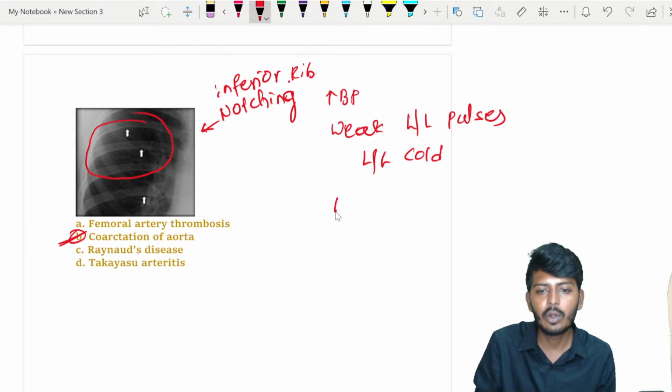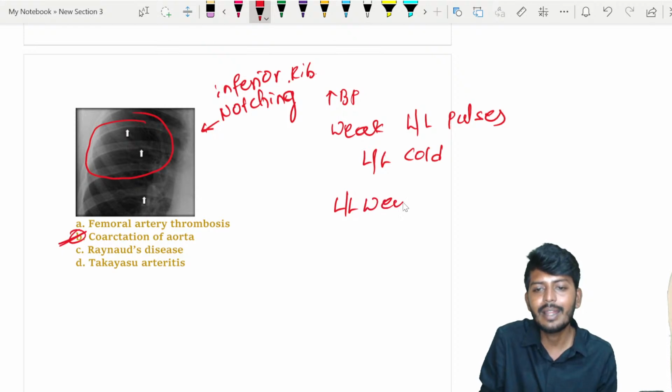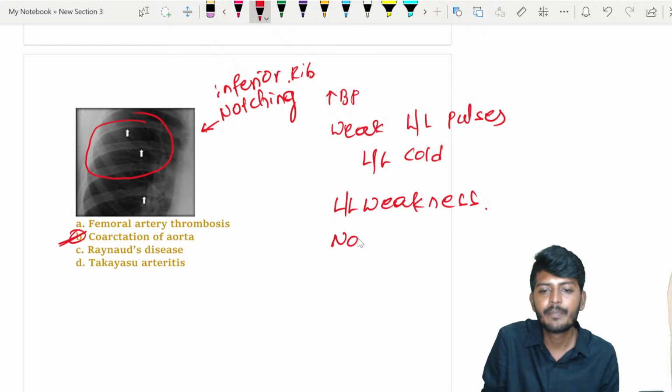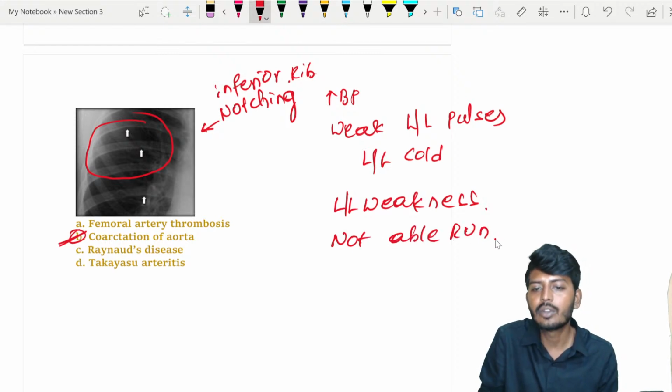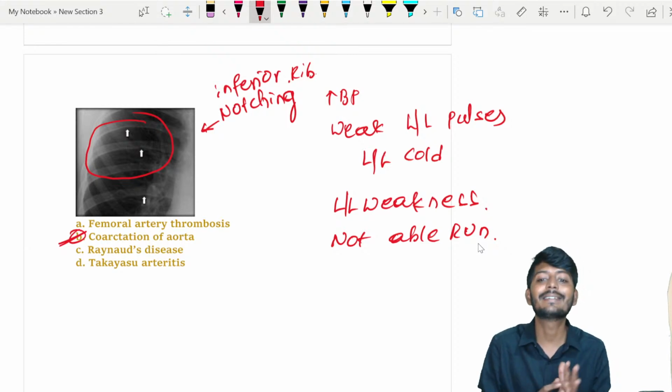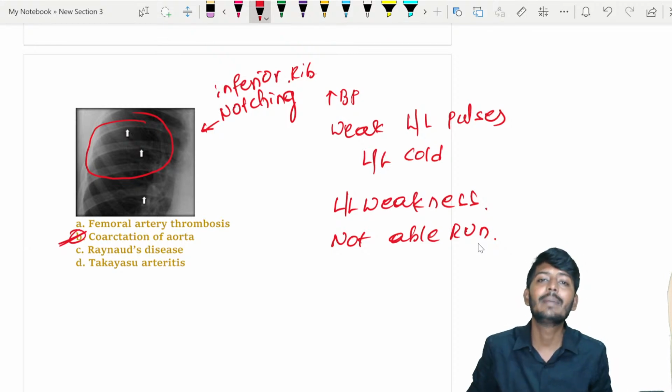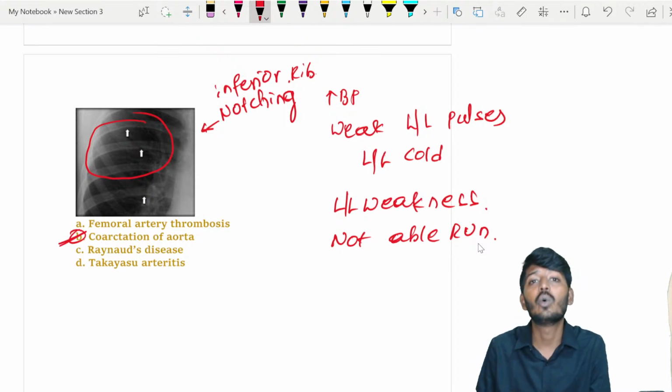And also they can tell you lower limb weakness, not able to run. They can also bring you a complaint such as the child's lower limbs feeling very weak, and they'll tell you lower limbs are cold.